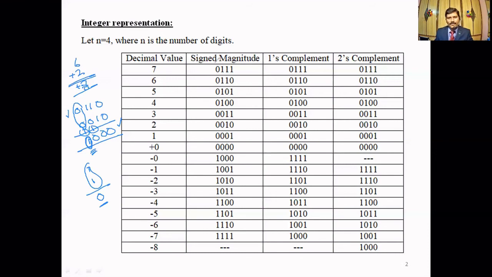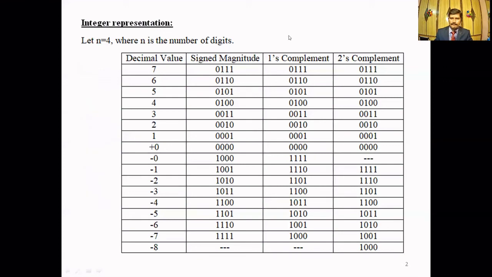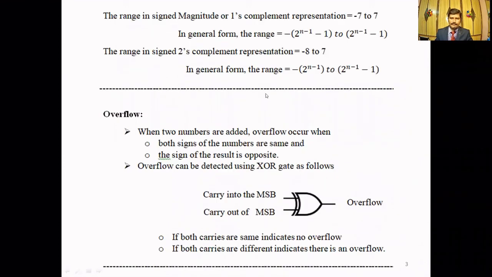How we can detect that one? Let us see how we can detect. There is a technique to detect the overflow. Check it out here. If numbers with the same signs are added, whether both positive or both negative, and the result has the opposite sign, then we can say that there is an overflow.